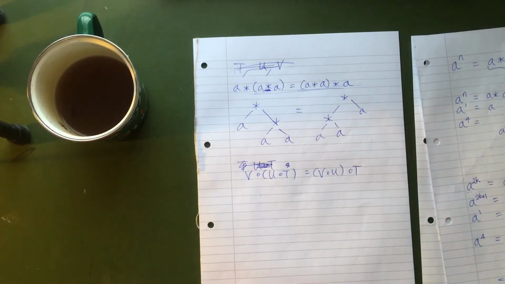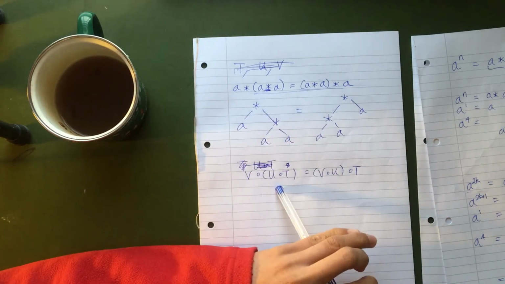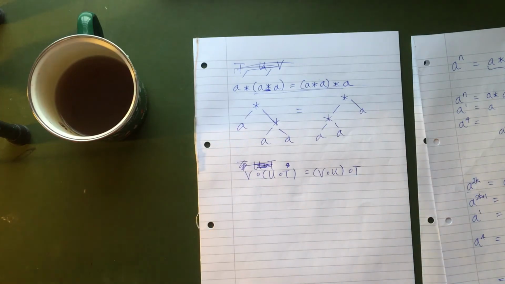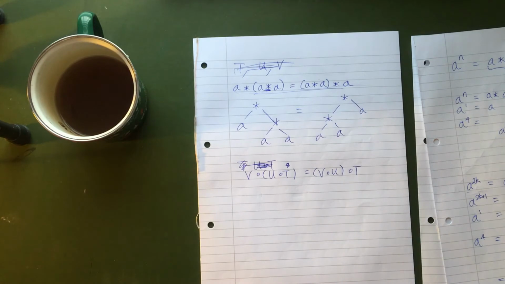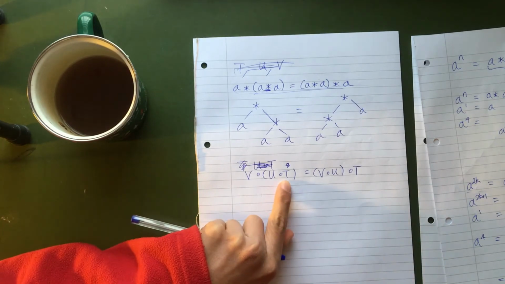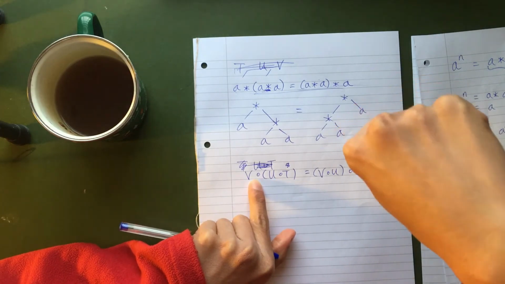An analogy, I like this one, is making instant noodles. So t is going to be putting the noodles in the bowl. u is going to be the spice packets. v is going to be pouring in the hot water. So the left-hand side says, okay, we're going to put in the noodles, put in the spices, then put in the hot water.